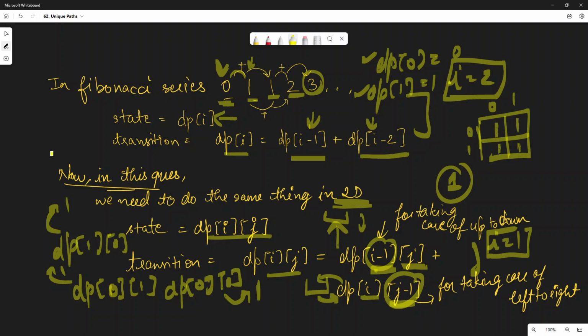But to reach this particular block, we can go by this way and we can go by this way. Means only 2 ways are possible, right? So for adding up those 2 ways, we just require these 2 blocks only, right? So when we add up these 2, it becomes 2. In that manner, we can even discard this particular position.